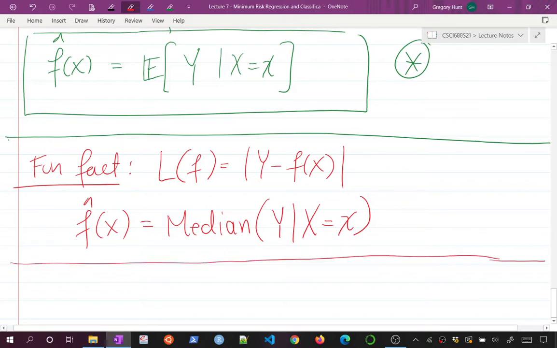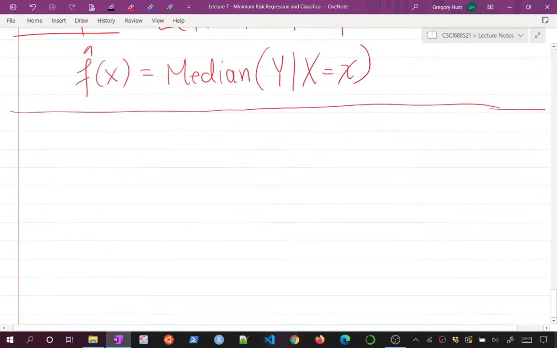So that's really cute. So you can do this with other losses. The fact that we use a squared loss led it to be the expected value. If you use a different loss, you could come up with different optimal f's. And of course, there's a whole literature about what the best losses are to use and what different losses do for you. We'll talk about a hinge loss later in the course when we talk about SVMs.